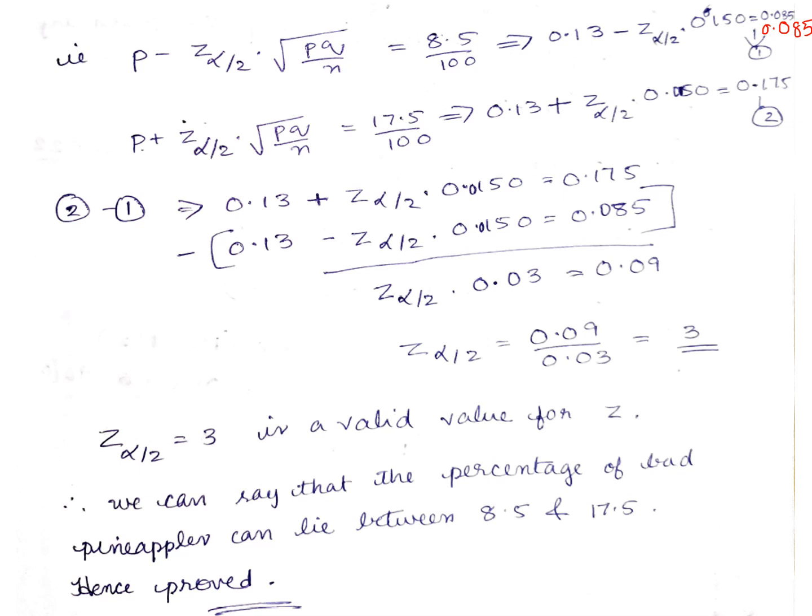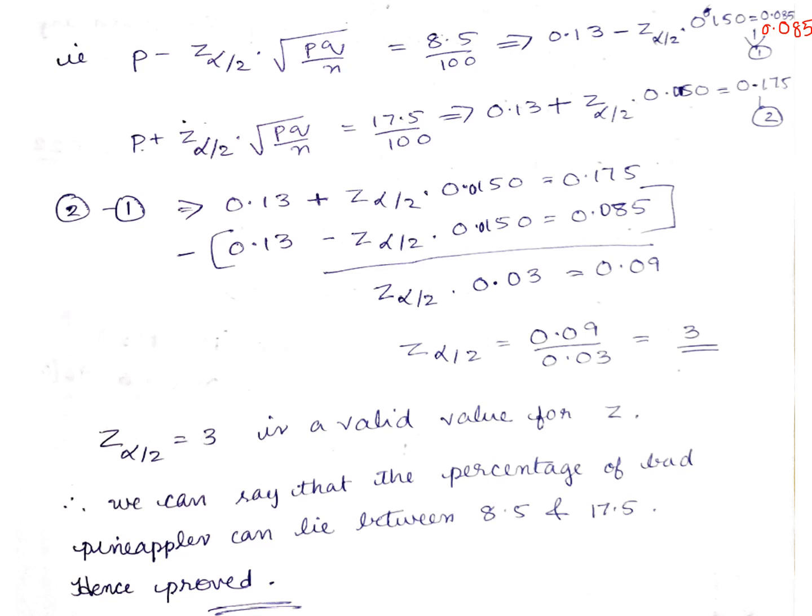We mark it as equation number 1. In the second case, P plus Z alpha by 2 into square root of PQ by n is equal to 17.5 by 100. After substituting the P and Q values, 0.13 plus Z alpha by 2 into 0.015 is equal to 0.175.